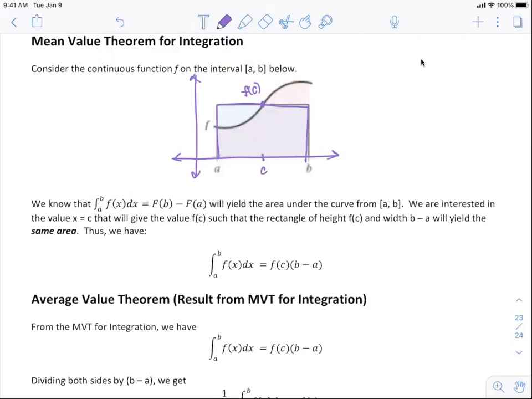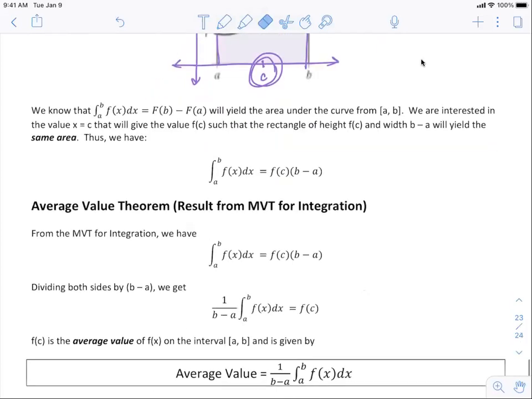You can kind of imagine in this case that if we took this section of area that's above the curve and rotated it this way, it's going to fill in this section here and make that rectangle. So that's what we are trying to find, the c value that gets us to the f of c value that creates a rectangle with the same area. Okay, that is the goal.